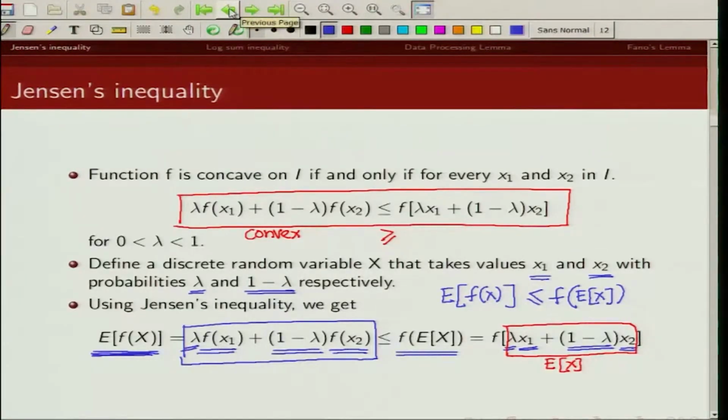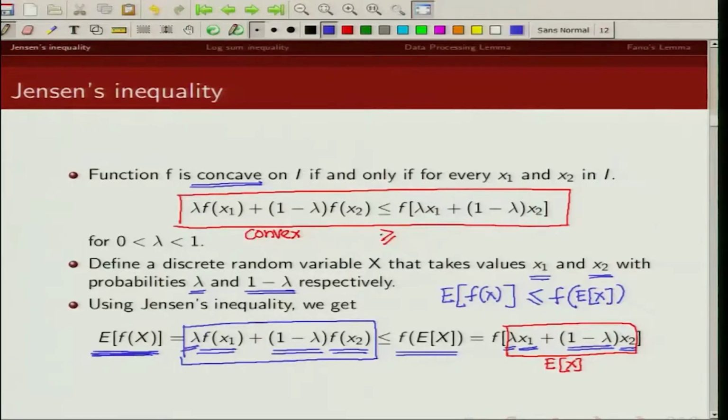We have said if the function is concave, then lambda f of x1 plus 1 minus lambda f of x2 is less than or equal to the function evaluated at lambda x1 plus 1 minus lambda x2, and if the function is convex, we said lambda f of x1 plus 1 minus lambda f of x2 would be greater than or equal to the function evaluated at lambda x1 plus 1 minus lambda x2.